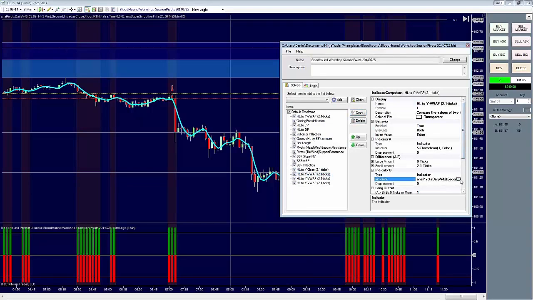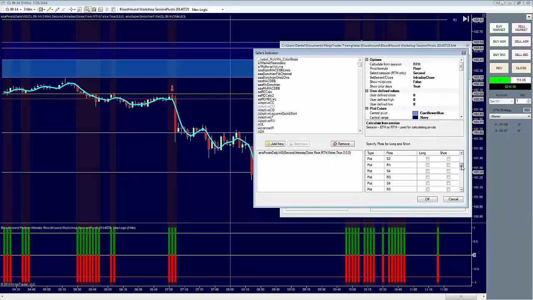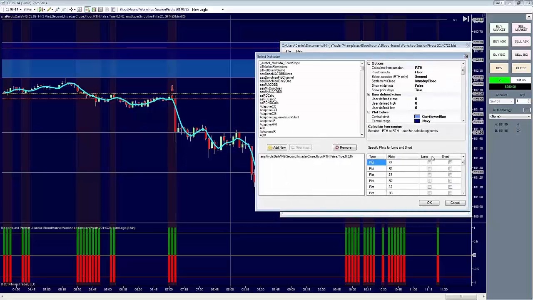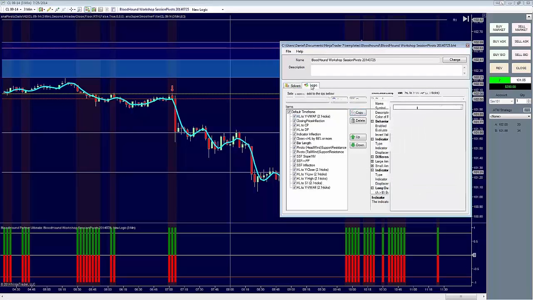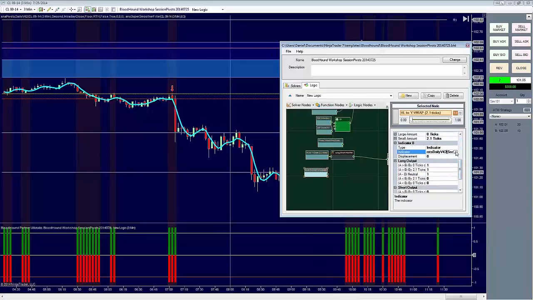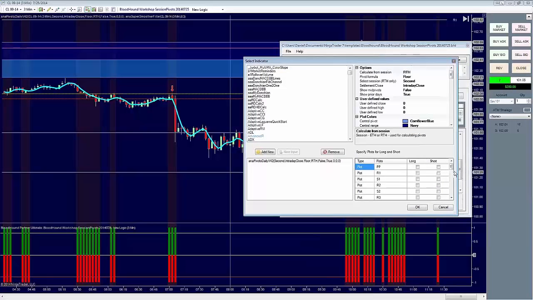We'll say yesterday's low, yesterday's high, S1, S1, and then R1.